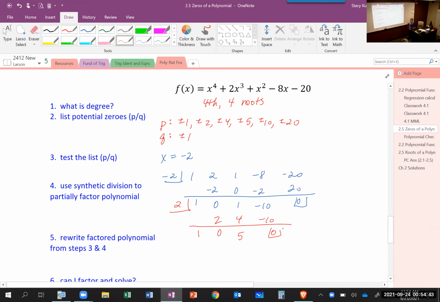So I now have this factored down into a 2nd degree polynomial.